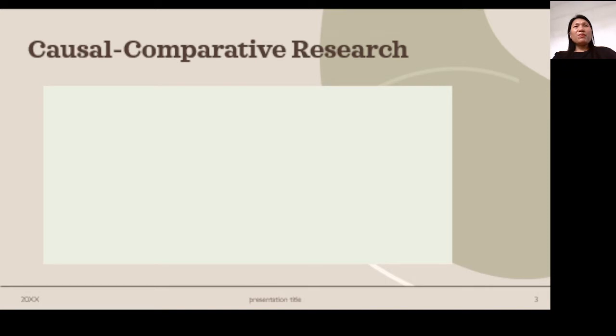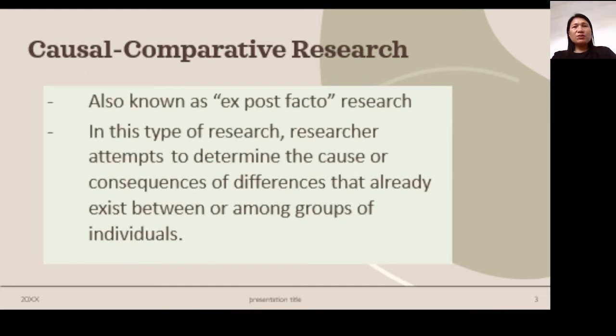So, causal comparative research. Causal comparative research is sometimes referred to by the Latin phrase ex post facto. Ex post facto research, because both the effect or effects and the alleged cause or causes have already occurred.